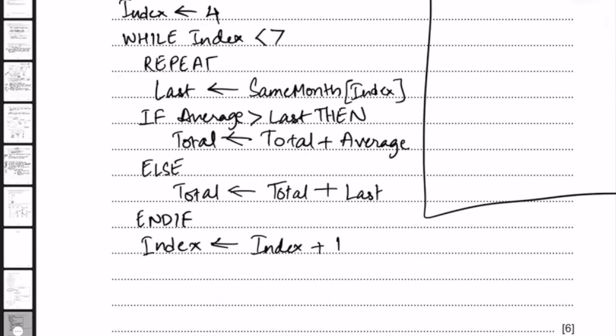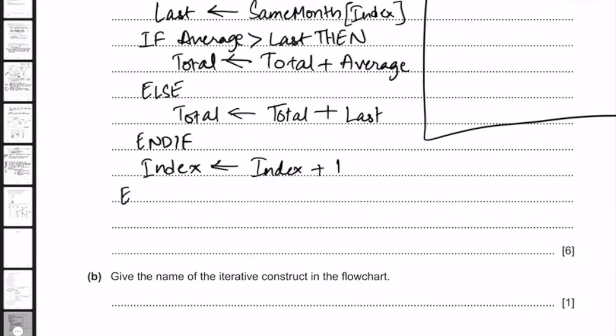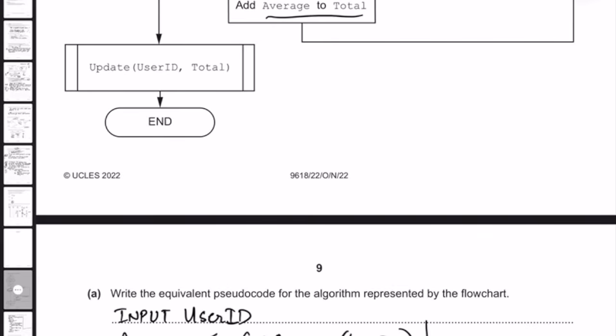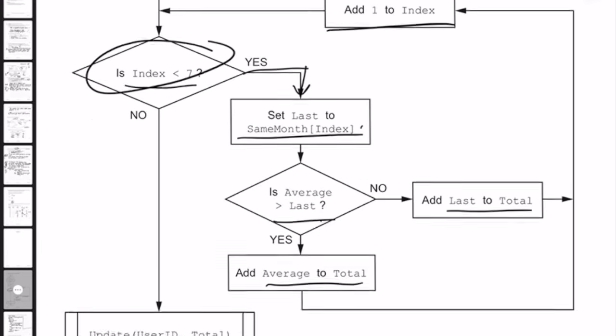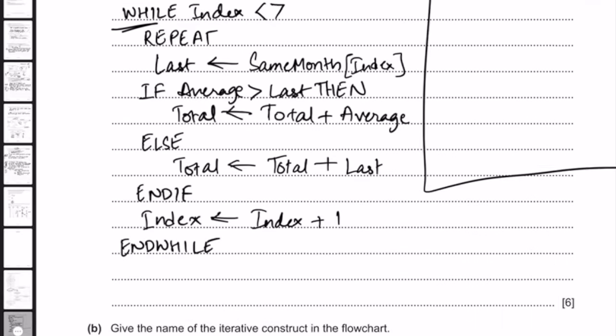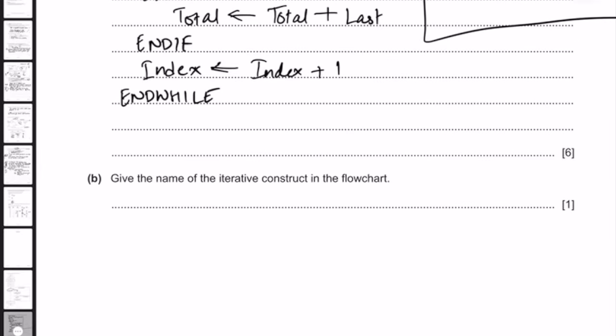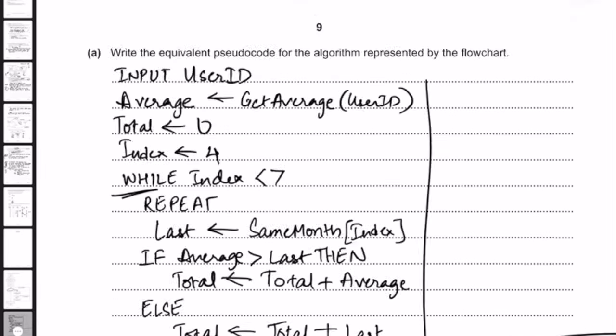Now we have to end this while loop that we started. Oh, we'll also have to add until index is equal.